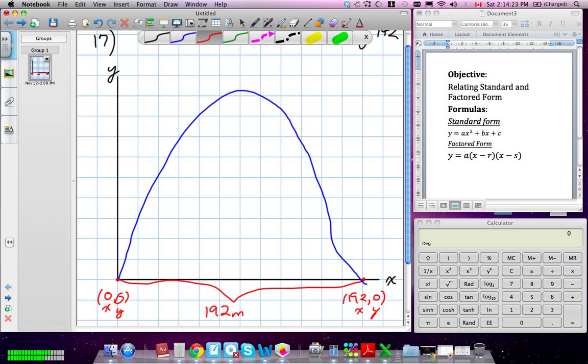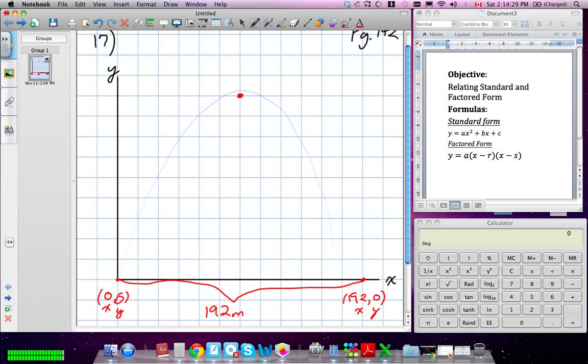This is 192 meters high. We don't know the x value, but we know the y value of the vertex is 192 meters high. So we have some shape that goes up, curves, and comes down. Okay, not perfectly drawn. So we need to find an x value, and we have a y value.